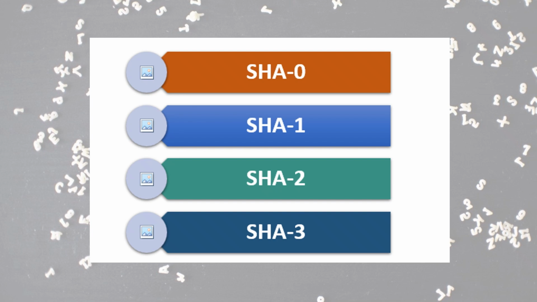Why? Because salts are unique to each user or each entry. But one major issue with salting is that the salts are stored in the database. So when a database is compromised, if an attacker has access to the salt values of those users, he can work out the original passwords of those hashes by performing attacks such as dictionary attacks, and so on.